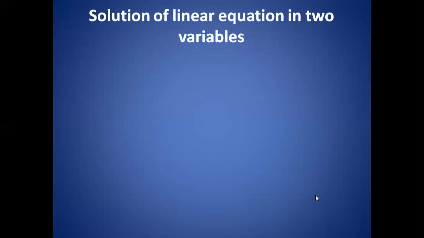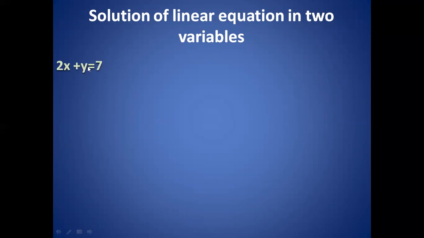Now let us see how to find the solution of a linear equation in 2 variables. How to find the solutions? Take an equation 2x plus y is equal to 7. Here you have to put any value for x and you have to find the value of y.